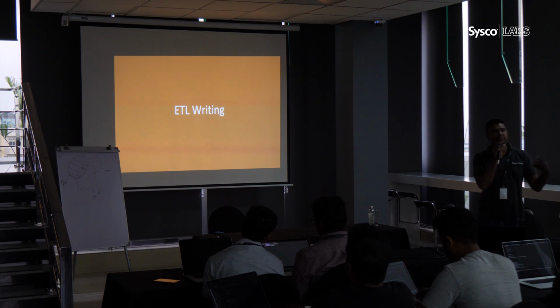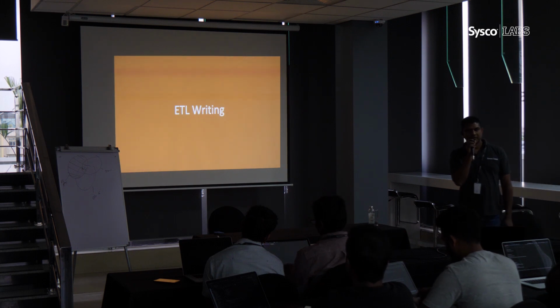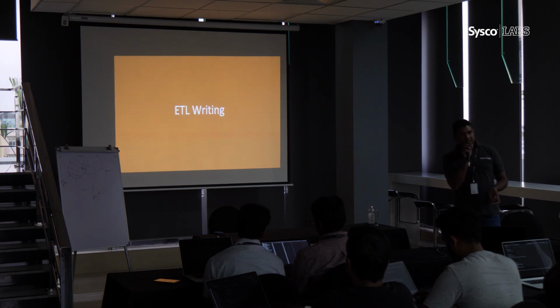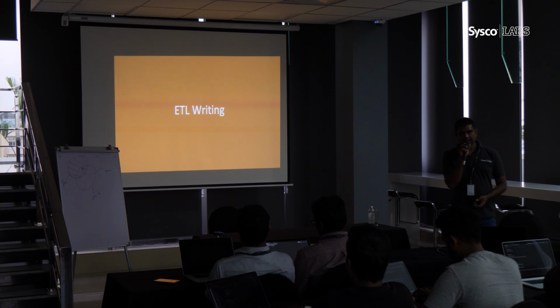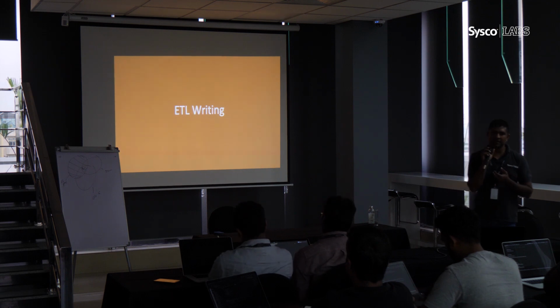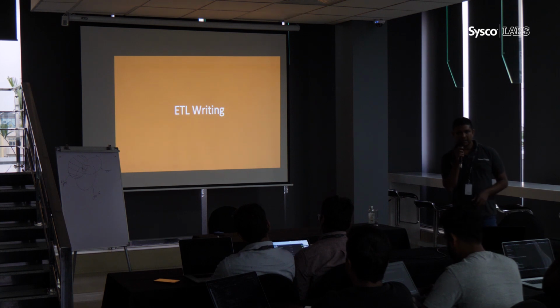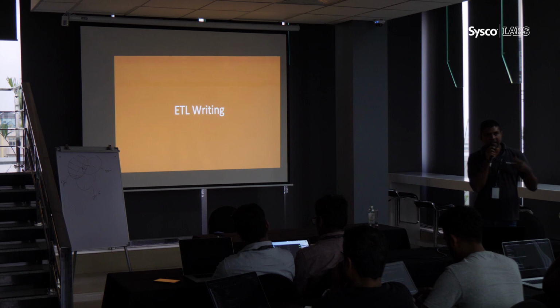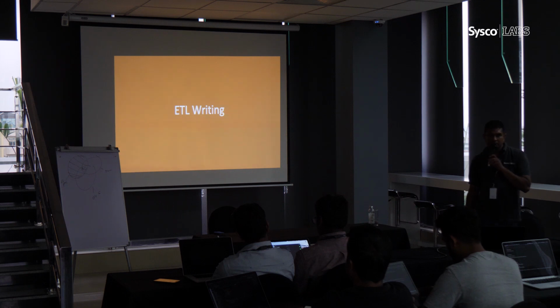Basically, ETL is extract, transform, and load, right? So whenever you do that, it's an ETL. When you are writing an ETL, there are certain things that you have to be aware of. It's not about SQL. It's again the thinking pattern that we are going to discuss, right? How you model an ETL which scales well, or runs in a way you can plan and predict.